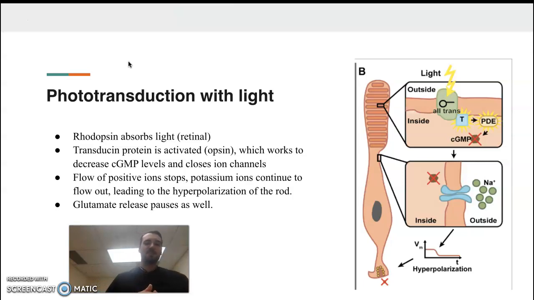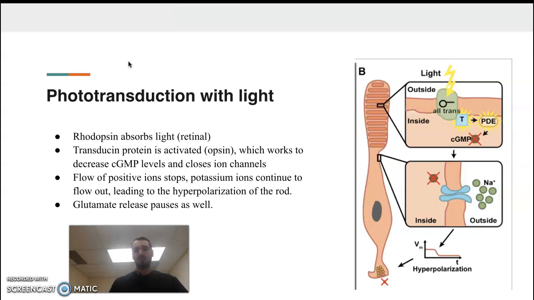As the potassium ions continue to flow out, this leads to a hyperpolarization of the cell. And as you can see on the bottom, we have a hyperpolarization. Potassium continues to flow out, and there's no flow of positive charge from the outside of the cell. So that neurotransmitter glutamate is no longer released.